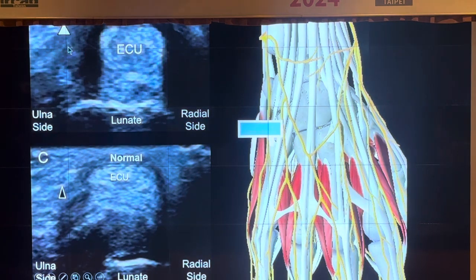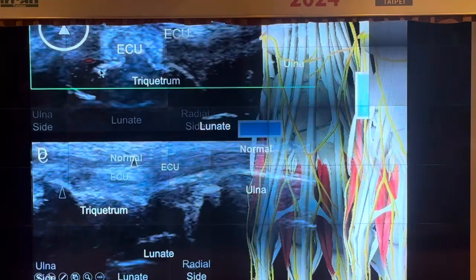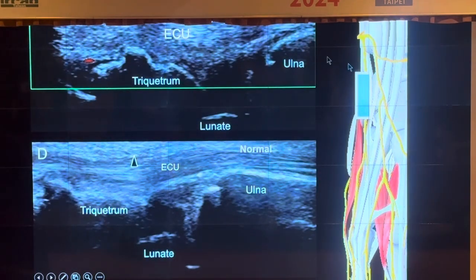This is the dorsal ulnar cutaneous nerve. If you compare with the nerve at the contralateral side, you are going to find the nerve at the pathologic side was much swollen. So in the long axis view, we can clearly identify the nerve was entrapped by two segments of the thickened extensor retinaculum.